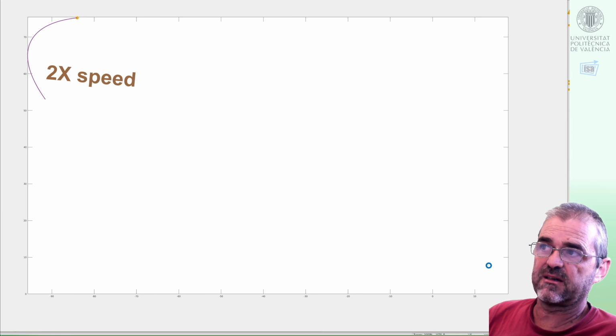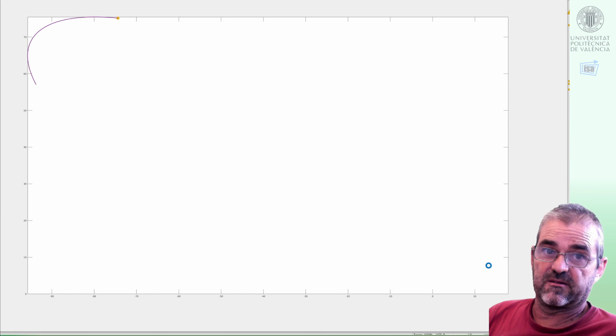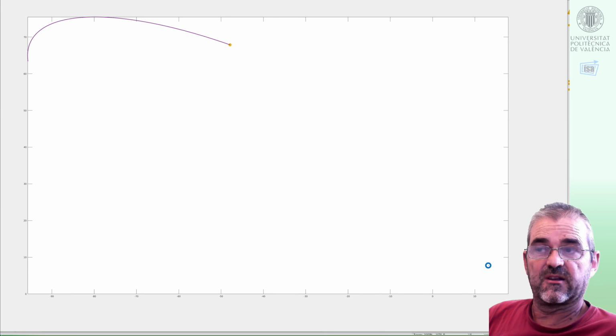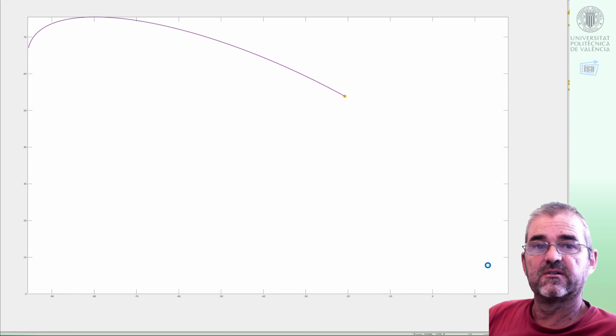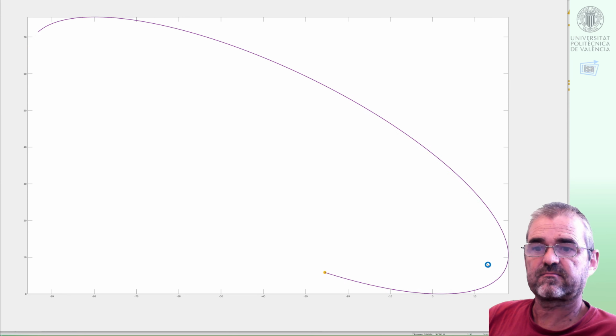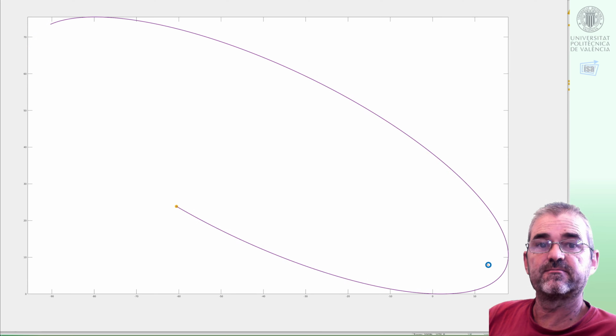Here we have it coming back, and by Kepler's law of areas, when it is far away, it's slow, and when it is close to the sun, then the velocity is fast. So here we have this kind of orbit.